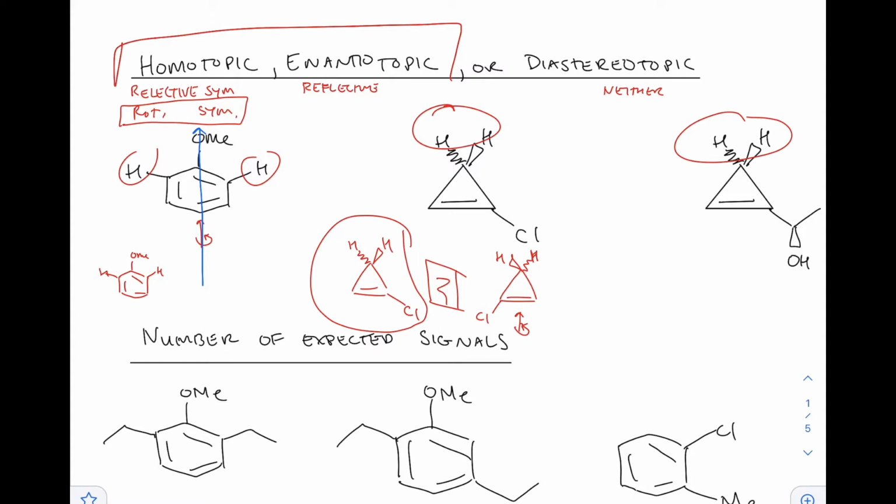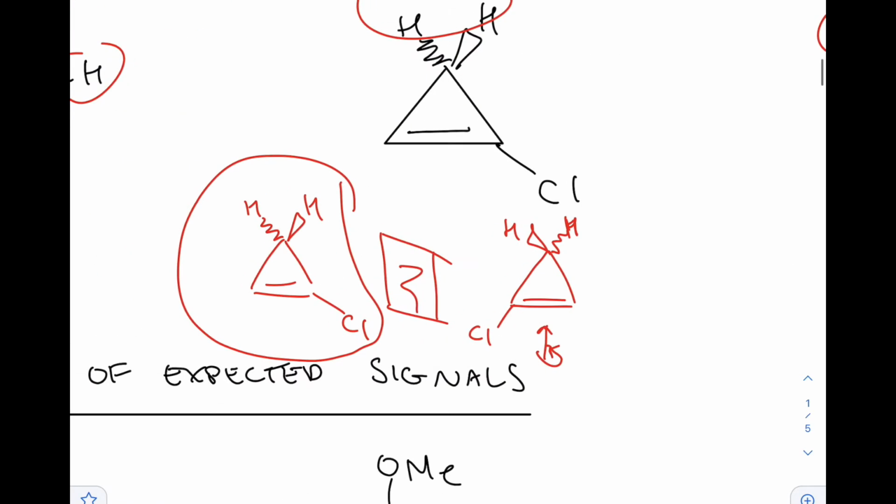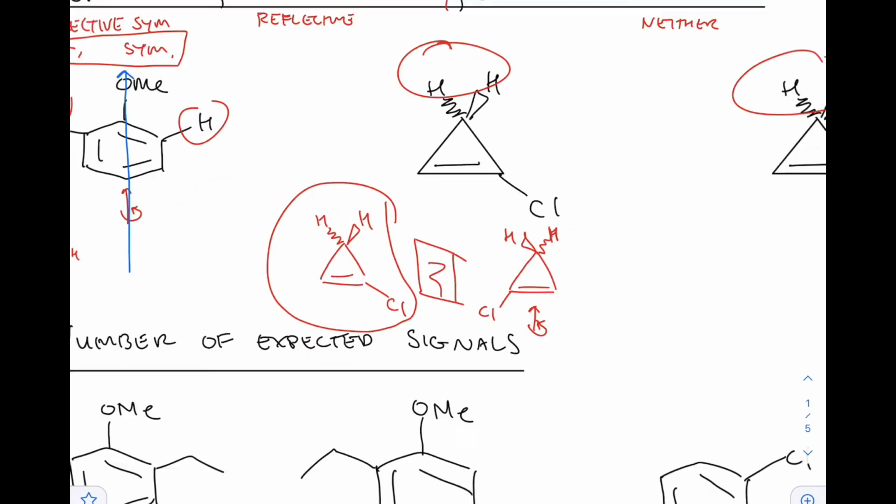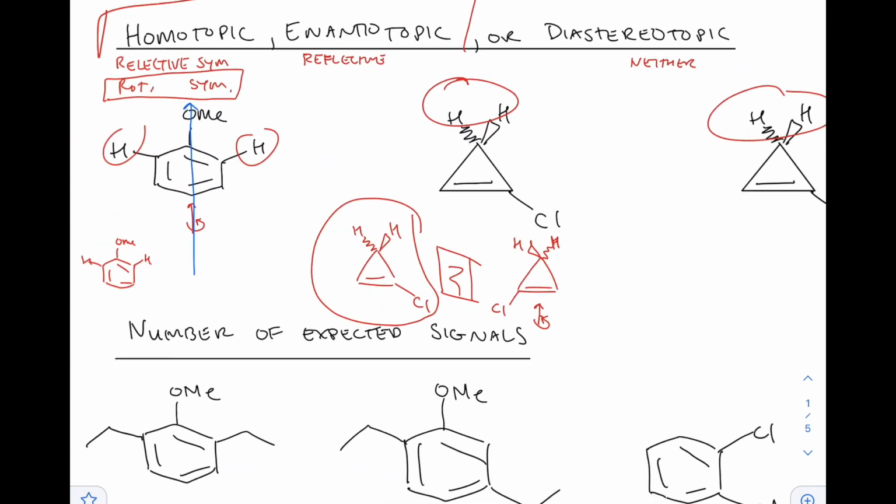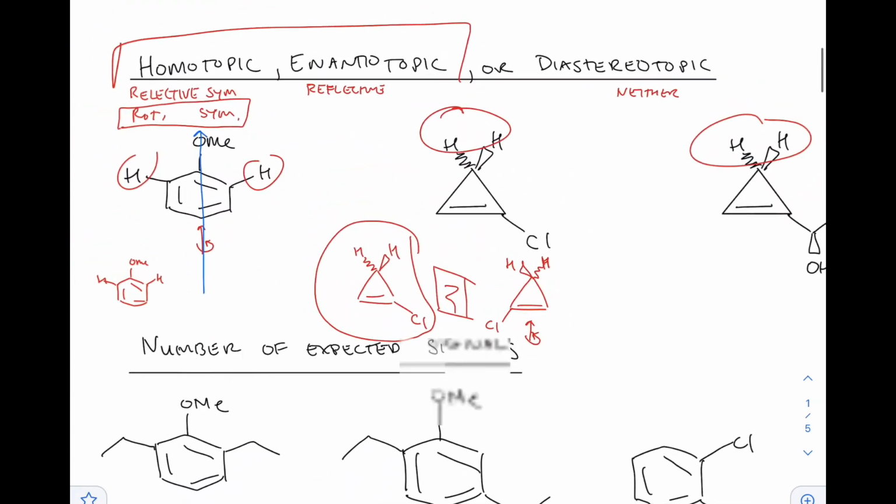Now, enantiotopic protons do have that plane of symmetry too, but it's reflective again, and it's harder to see. What you're doing here is slicing the molecule in the plane of the board. So this is going to be on one side, this is going to be on one side.